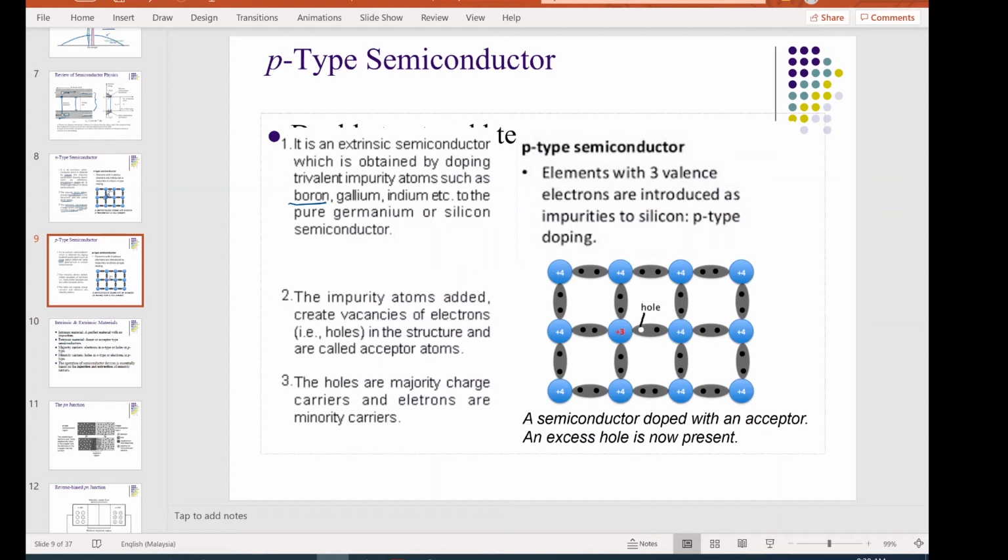The atom that we add is called an acceptor atom, because the electron is missing, and it leaves empty spaces there, what we call holes. And if you have a lot of them, then the majority of charge in this material is holes, and oppositely, electrons become minority carriers.